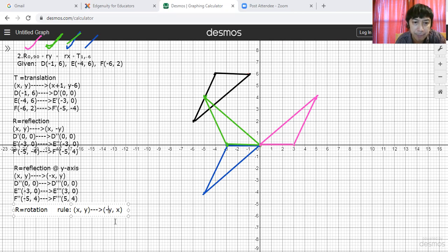All right, so let's get the input for this. The input for this will be the triple primes. So d triple prime, 0 0. Next we have the e triple prime, 3 0.